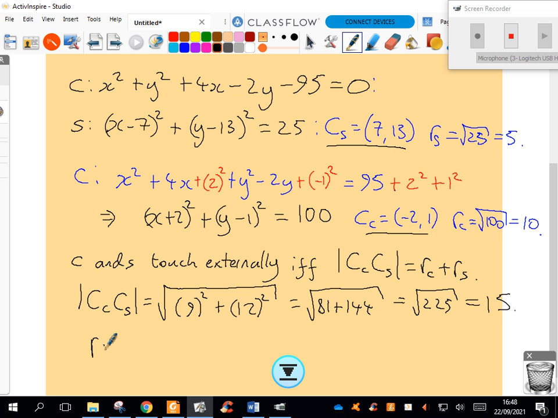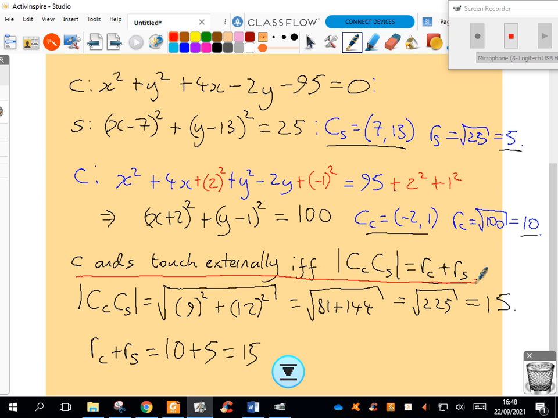The next thing we're going to look at is the radius of C plus the radius of S. We've already established that the radius of C is 10 and the radius of S is 5, which is equal to 15. So again, let me just go over this. The big thing is that they will touch externally as long as this condition is satisfied.